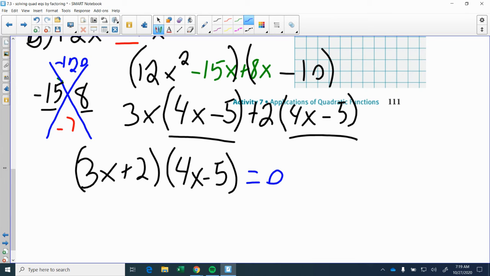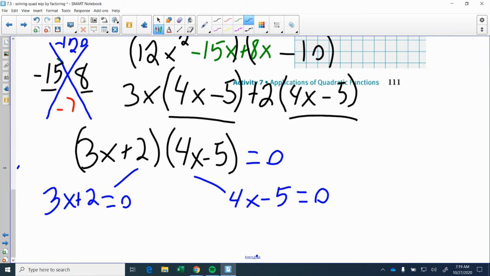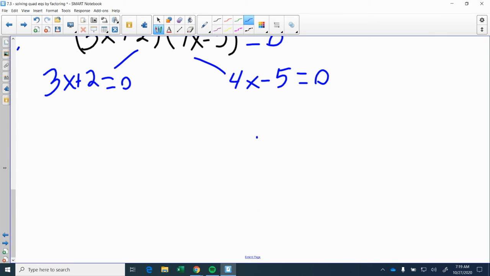So what I'm allowed to do is actually separate these two values and say that each one separately has to equal 0. Now, by taking that step, I have two linear equations, or basic equations, that I can simplify and solve out. For example, for this one, we have 3x plus 2.